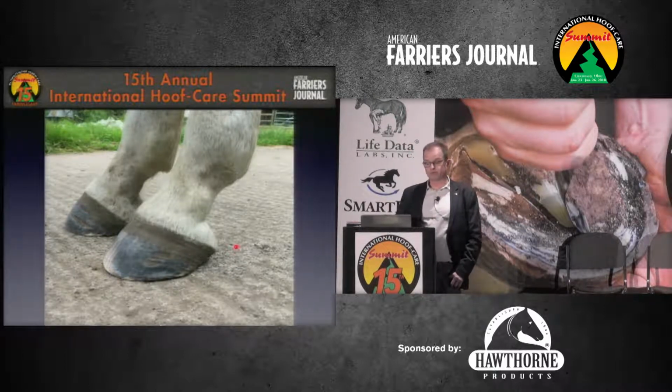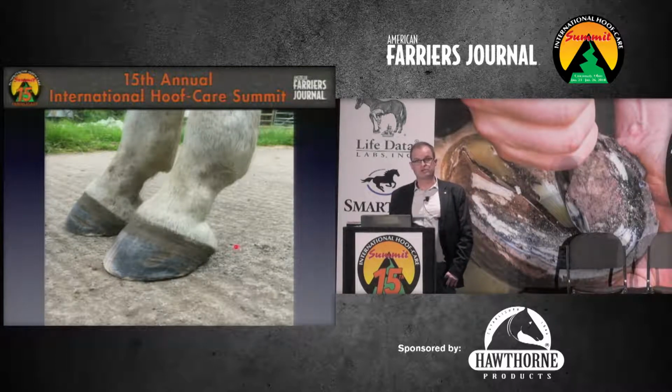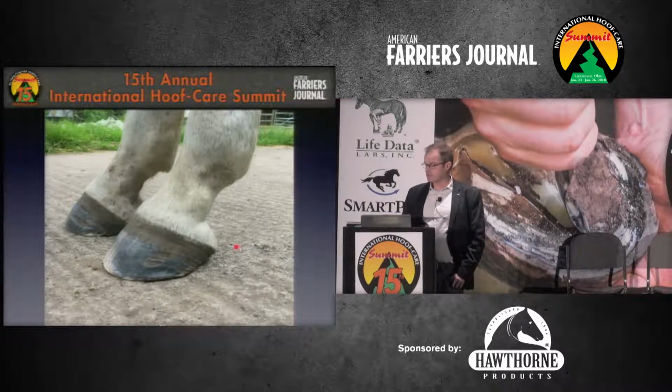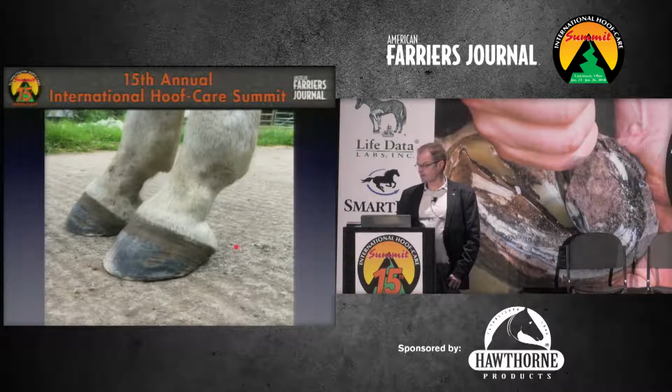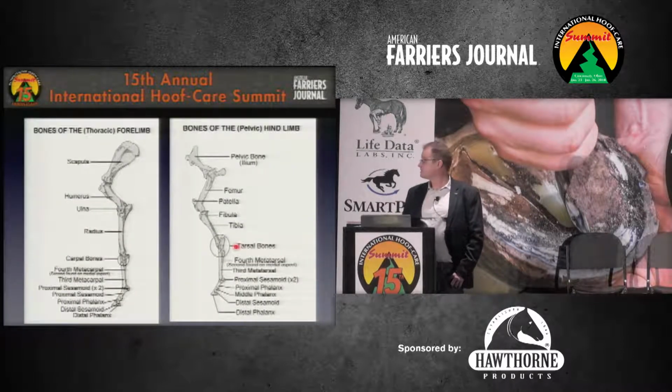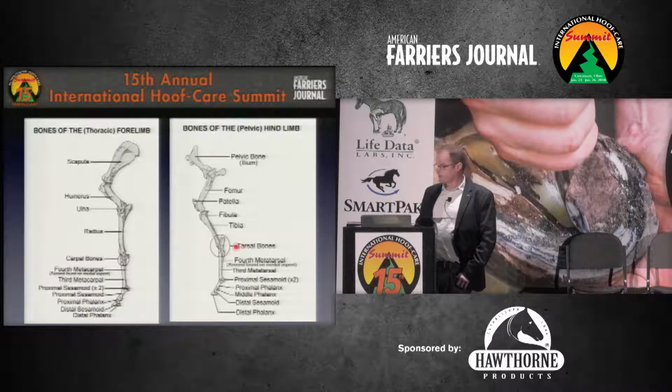It's a good reference point. And considering this foot was so distorted, that coronary band's really straight. It's a really good shape. And we decided to just leave the shoes off the hind feet, to try and alleviate the problem.